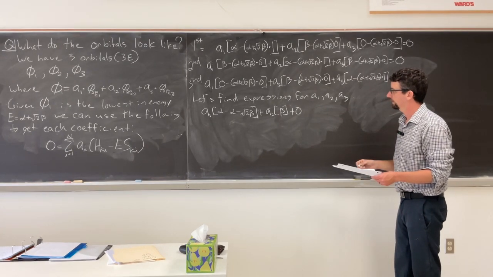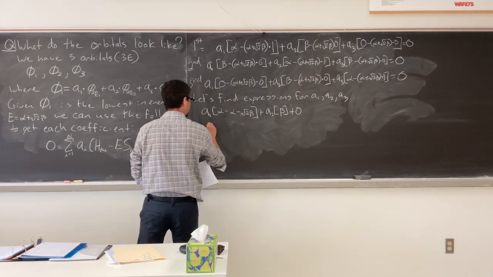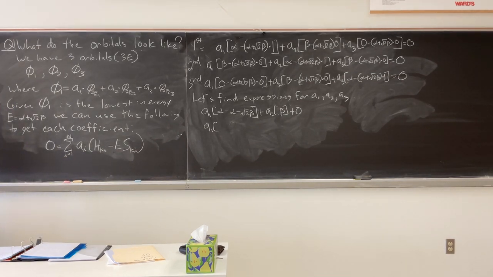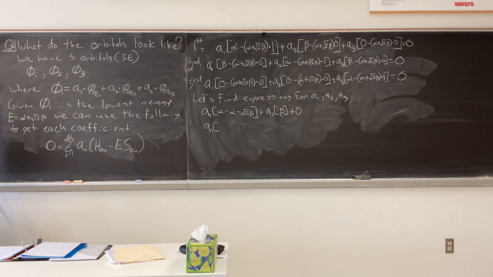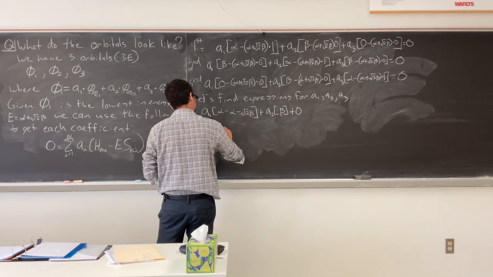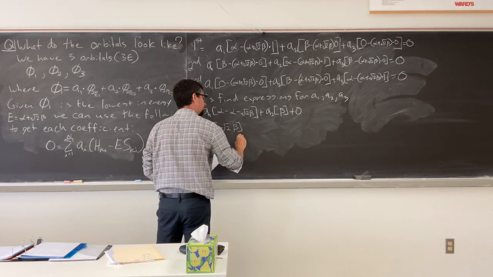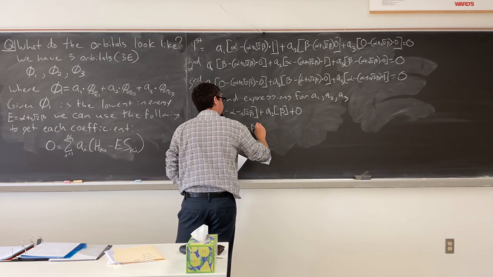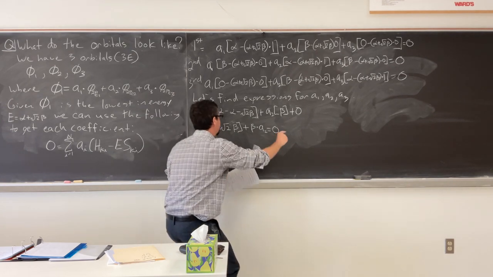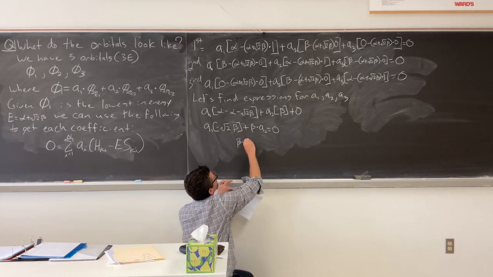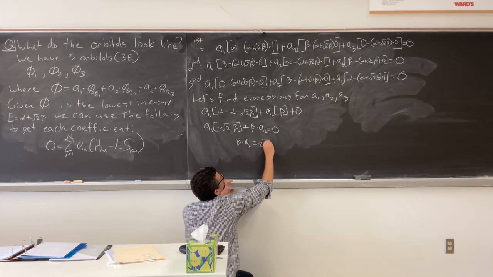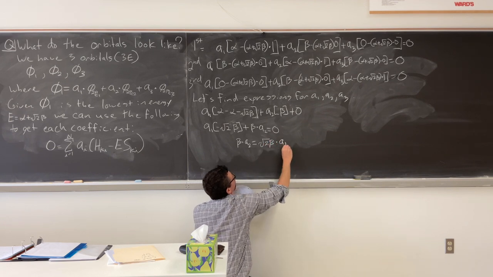Okay, let's combine some stuff. Can you simplify this further? Plus beta times A2 equal to 0. Let's move this guy over so we get beta times A2 is equal to positive square root 2 beta times A1.